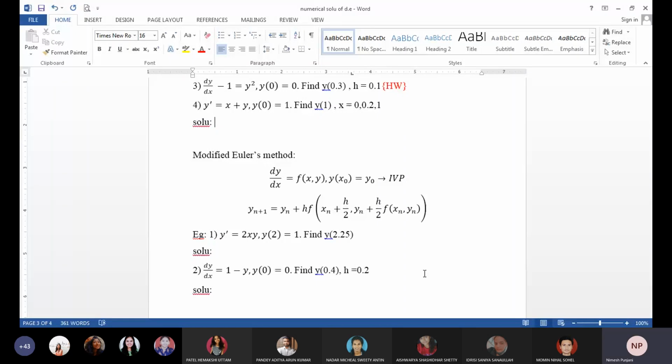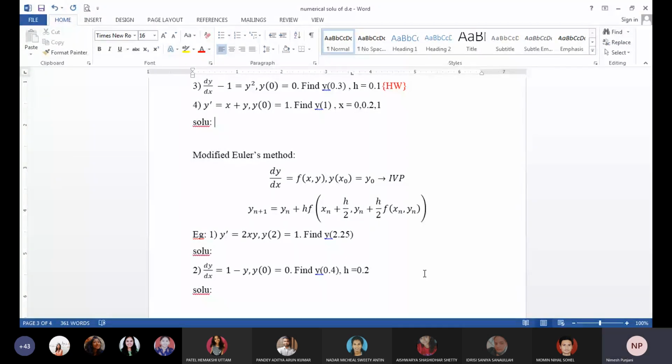So what is your yn plus 1? The iterative formula using the modified Euler's method is yn plus 1 equals yn plus h multiplied by f of xn plus h by 2, comma yn plus h by 2 into f of xn, comma yn.